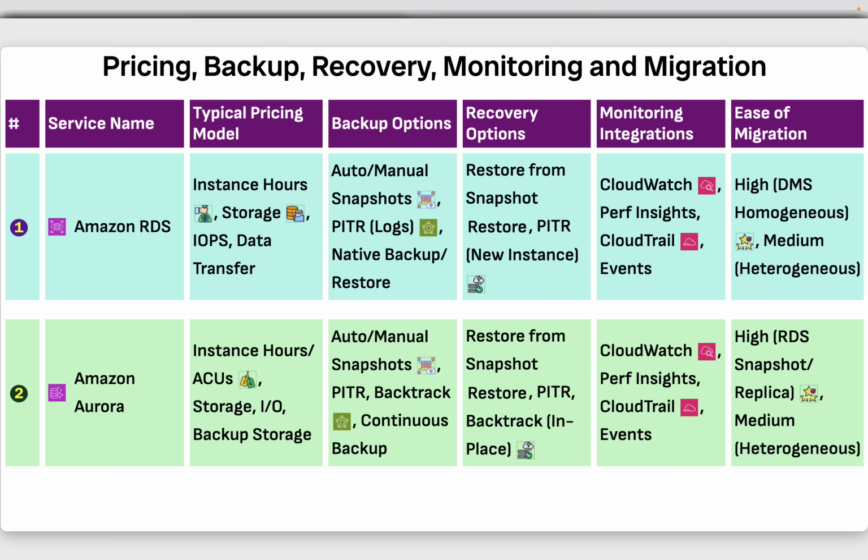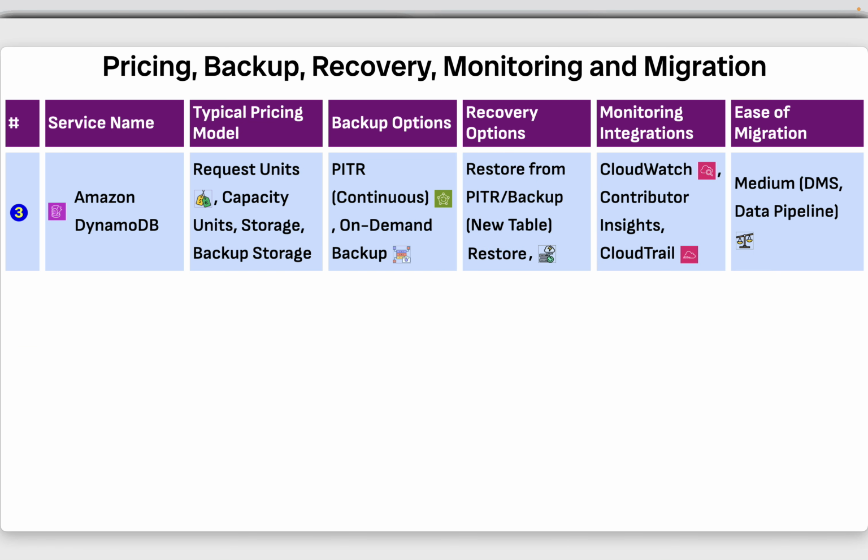Recovery options, you can restore from snapshot, restore directly, point-in-time recovery, and backtrack. So same integrations, CloudWatch, performance insights, CloudTrail, and events. Then ease of migration is high. You have RDS snapshots and replica. You can migrate from that, or you can have from heterogeneous, meaning Aurora to Aurora, it's medium.